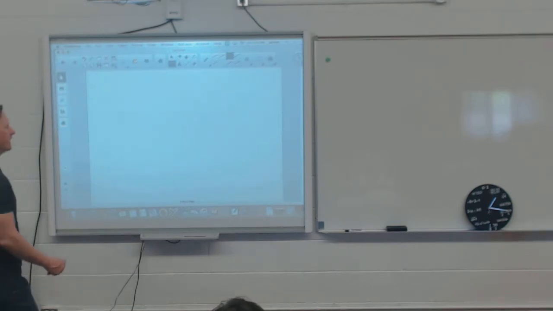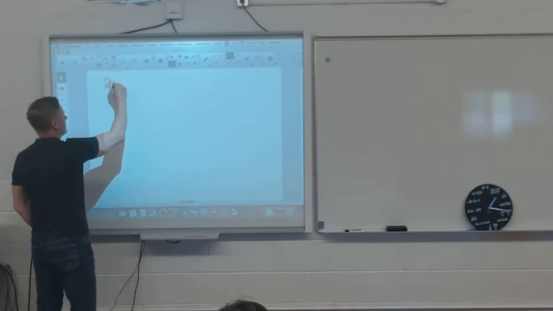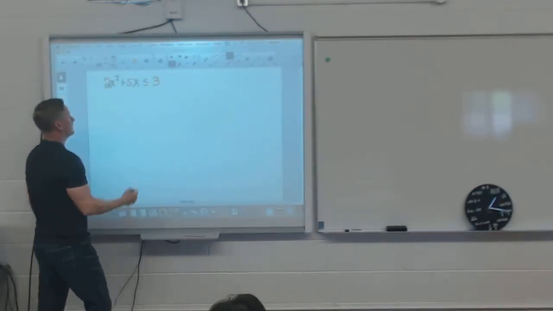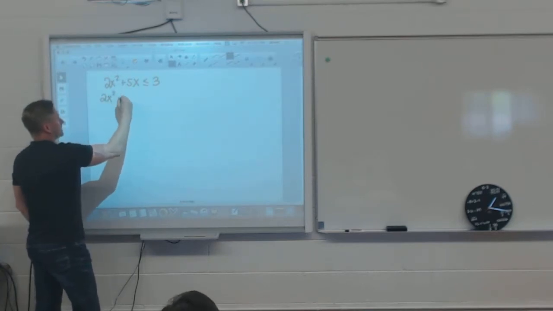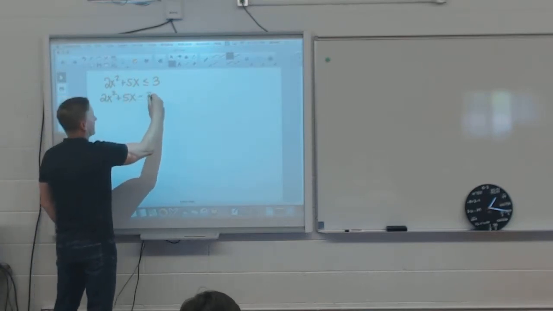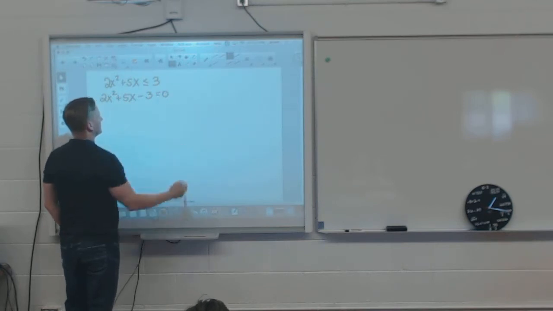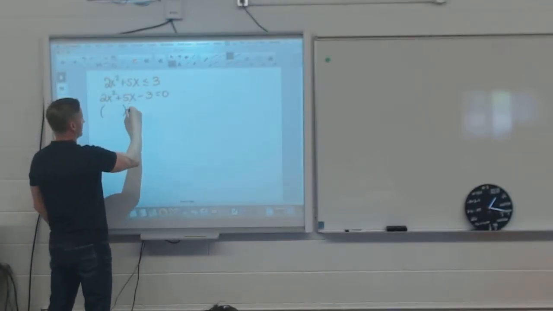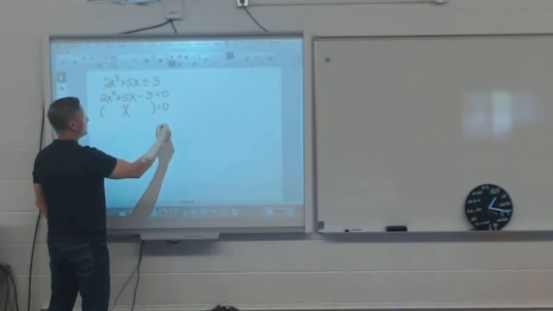2x squared plus 5x is less than or equal to 3. 2x squared plus 5x less than or equal to 3. 2x squared plus 5x subtract 3 is equal to 0. I'm going to factor this. I'm going to do the fast way of factoring.